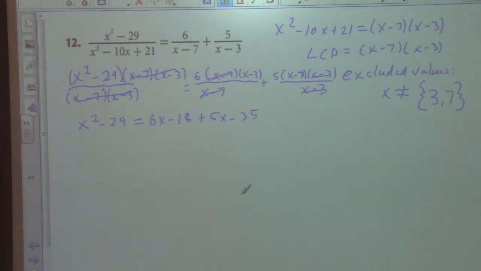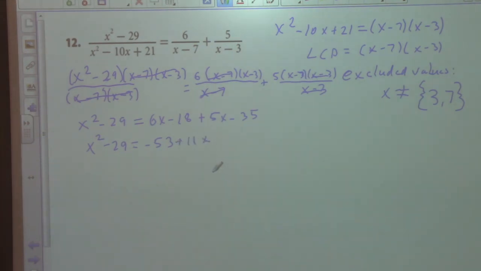And then I combined like terms, and then I got x squared minus 29 equals negative 53 plus 11x. Okay.